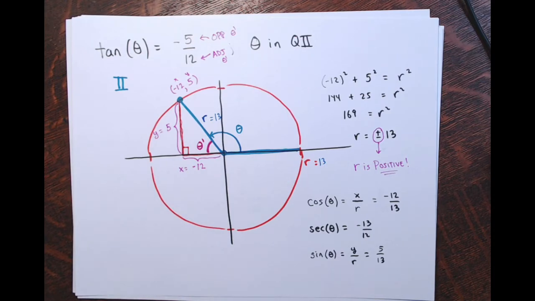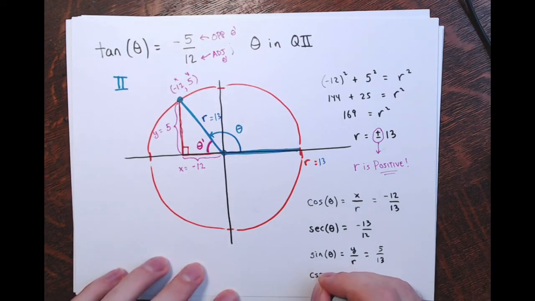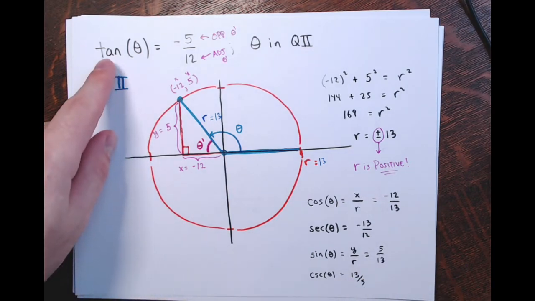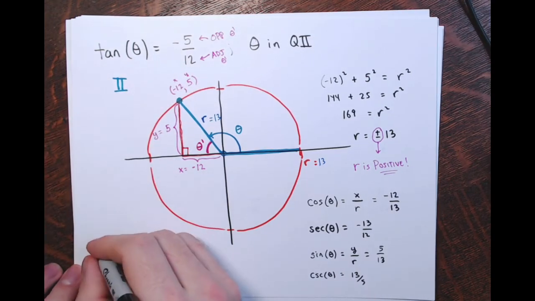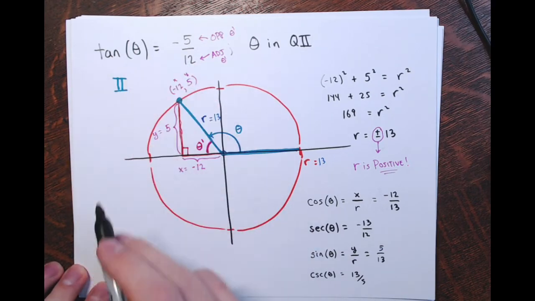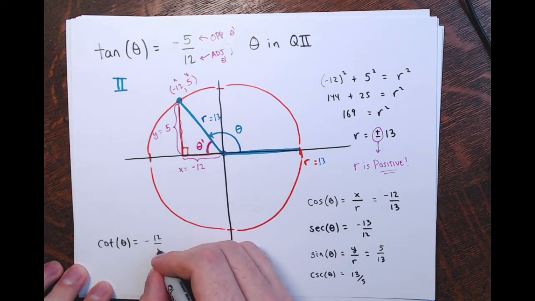And if I have the sine, then I know the cosecant, the reciprocal of this, 13/5. And we are told the tangent already. So the cotangent of theta is just the reciprocal of the tangent. The tangent was negative 5/12. The cotangent of this angle would be negative 12/5.